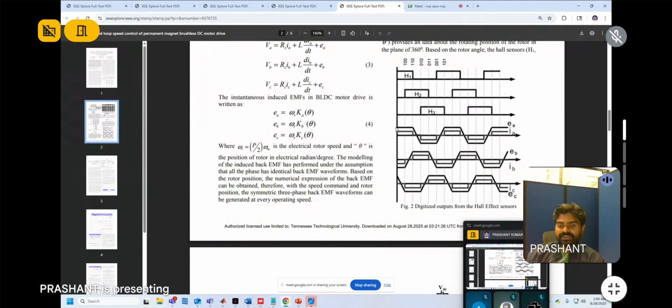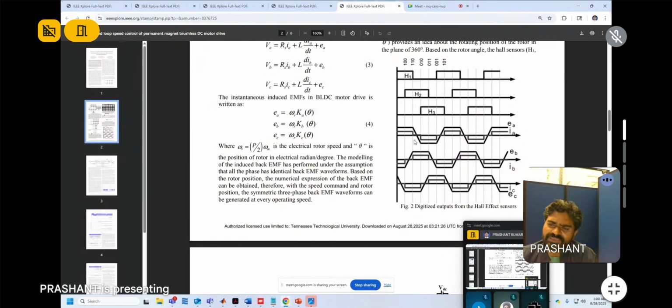Suppose I am starting with the north pole. For this flat 120 degrees, the rotor is facing the north pole, and for this 120 minus, the rotor is facing the south pole. What about this region? This is the region during which the rotor is shifting from the north pole to the south pole.